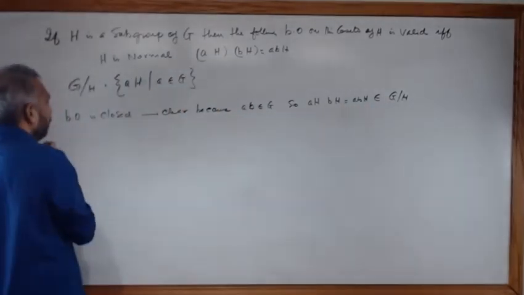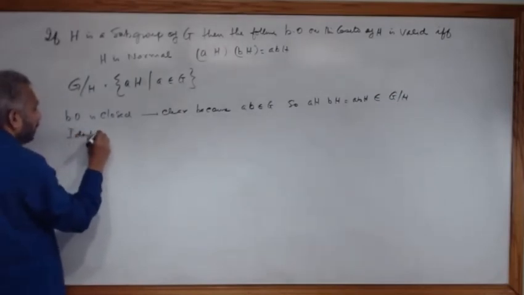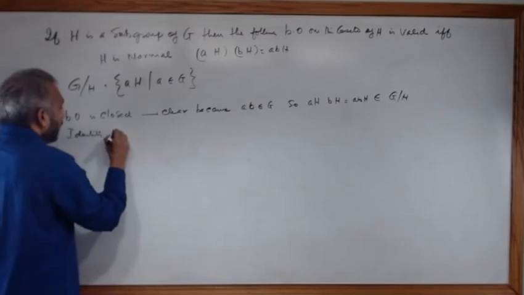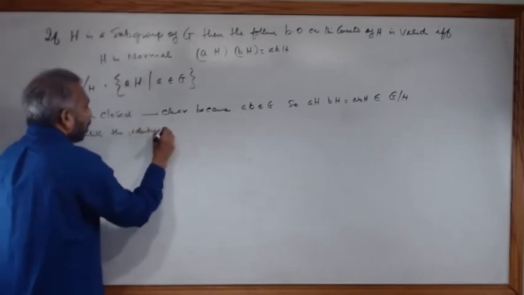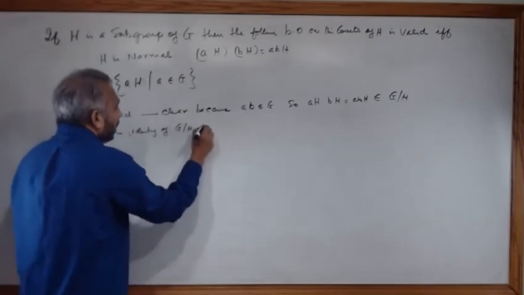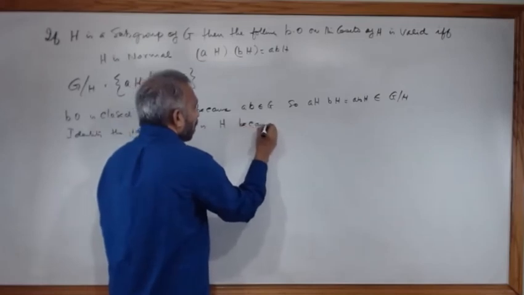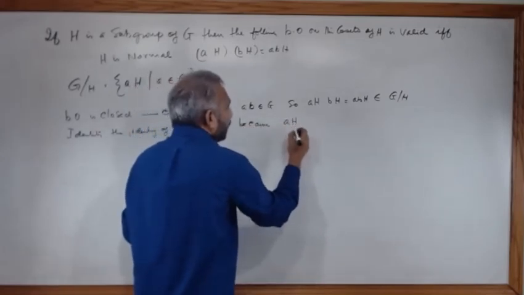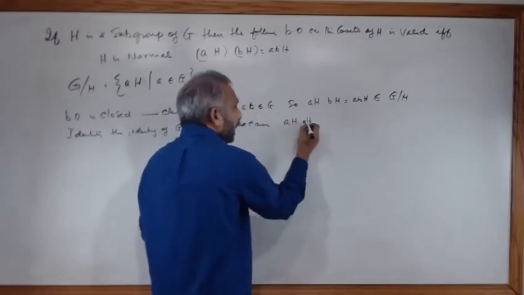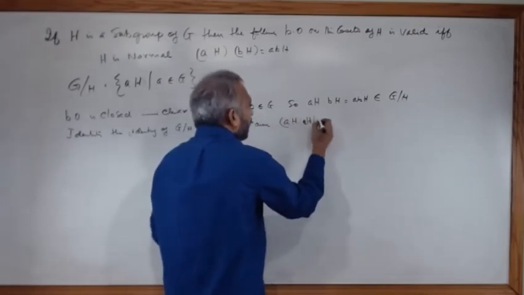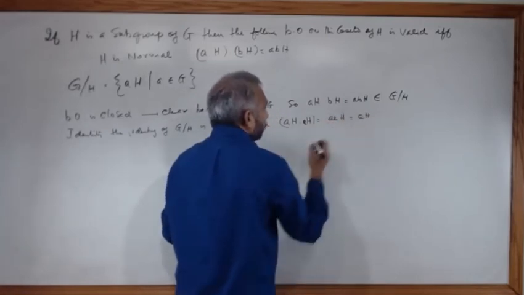So the binary operation is closed. Identity: the identity of G over H is H, because AH times H is actually AH times EH, which is equal to AEH, and that is equal to AH.